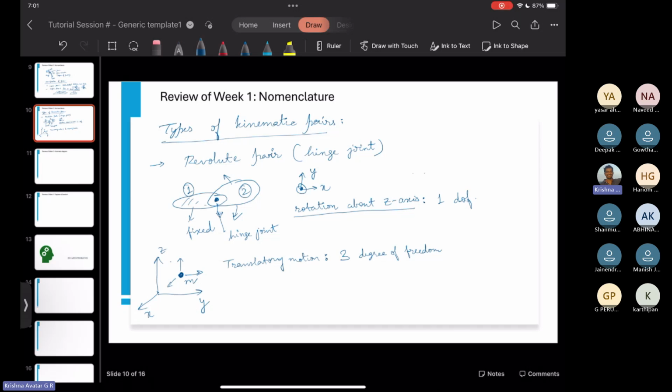Now when we talk about rotation, can a point mass undergo rotation? What are your views? Perhaps no. It can only translate.